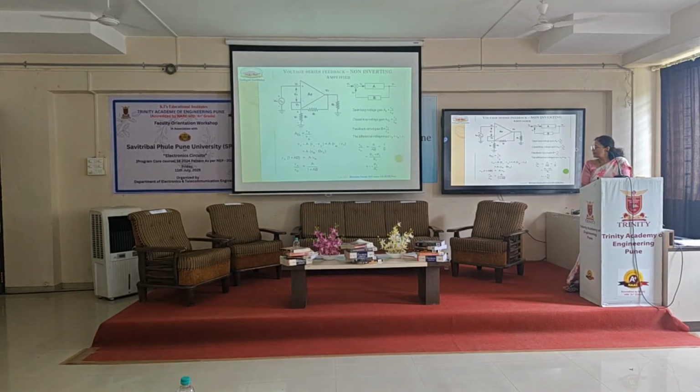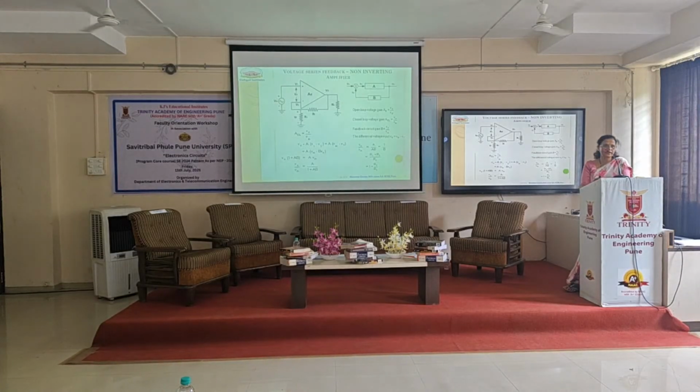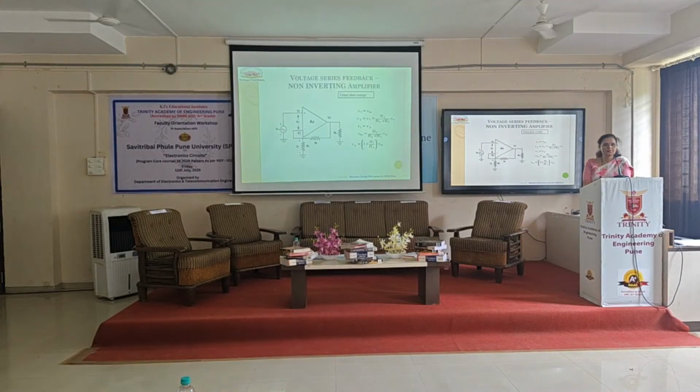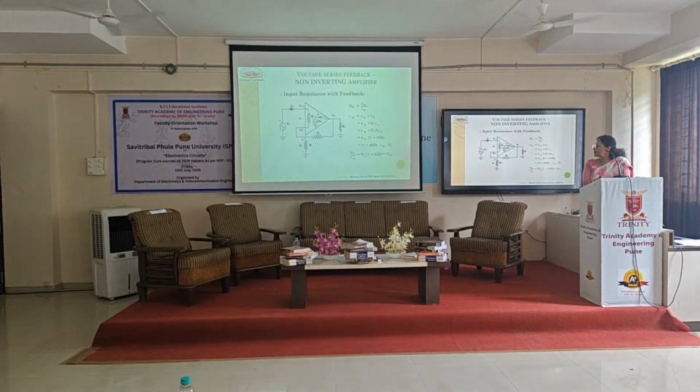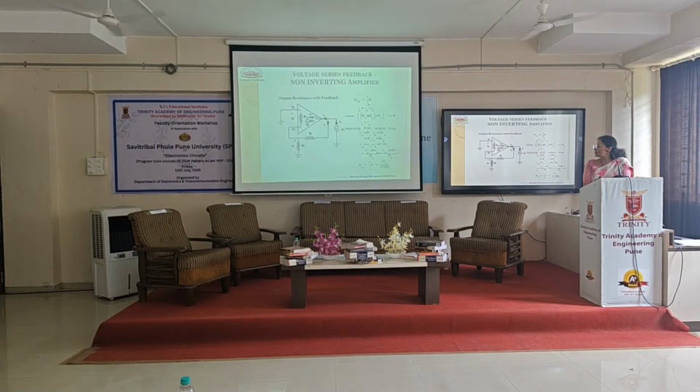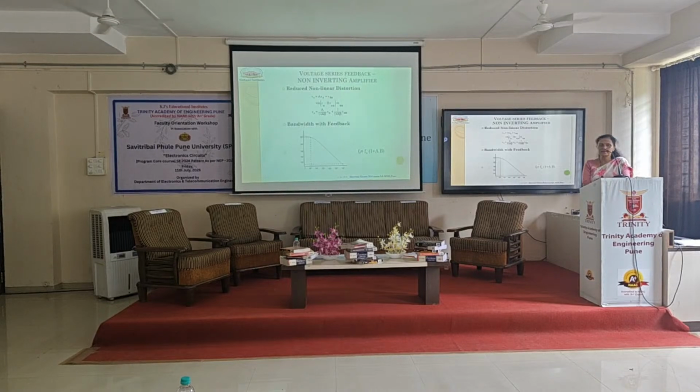And based on that, you have to go for the derivation of voltage gain, 1 plus Rf upon R1. After that, input resistance, output resistance and bandwidth. We already did in the second unit.